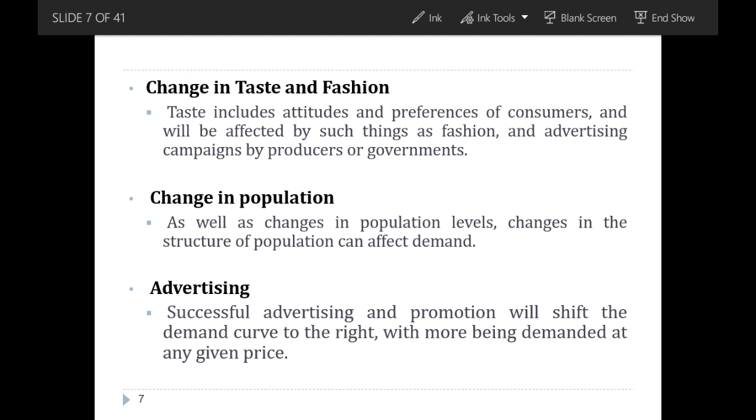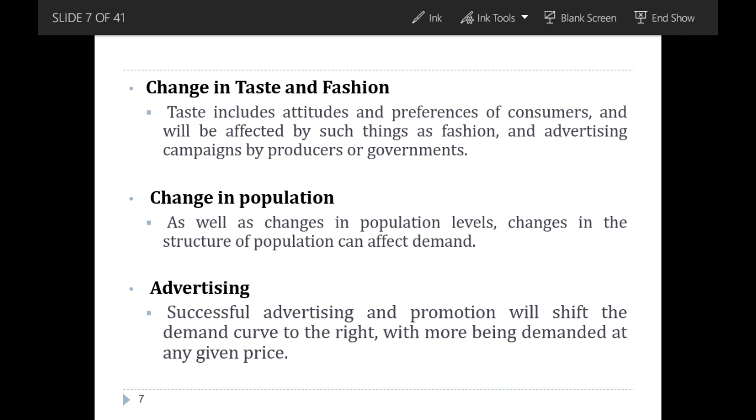If we are producing a product which is up to the fashion, the current trend, it will have enough demand, right? And if the product is an outdated one, the demand will be less, right? So taste and fashion has a direct relationship with demand, right?